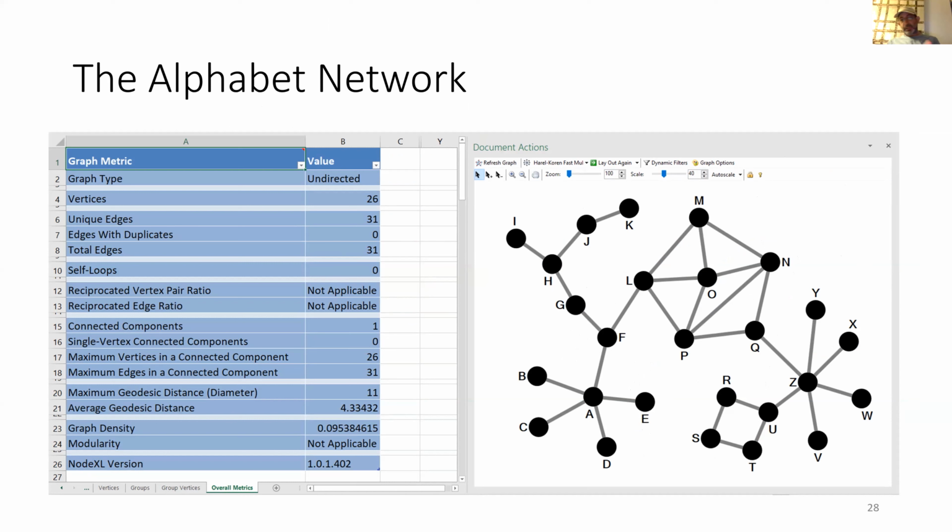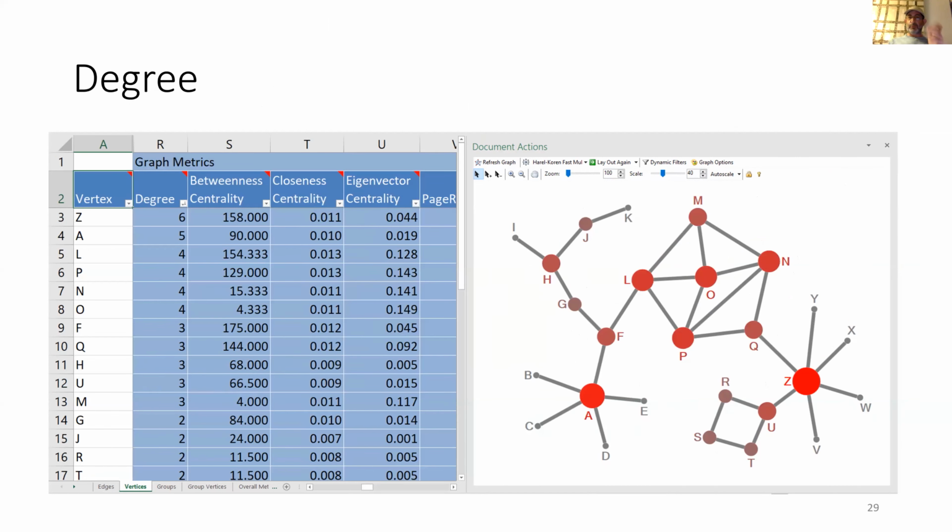So if we just make up a graph, this is an entirely fictional graph, just the alphabet, we can say, if we want to, let's count and color and size each dot by how many lines touch it. So you can see Z and A and O, lots of lines touch them. That's how many connections they have.